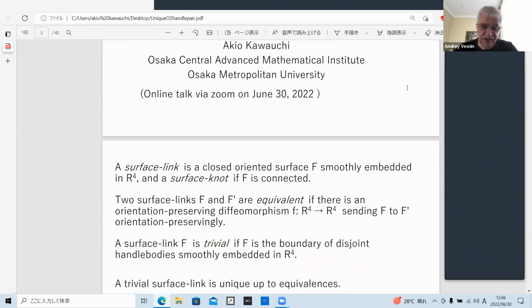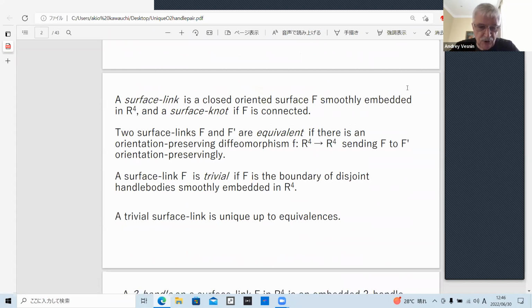In the three-dimensional case, we have a lot about the geometry of link complements. I don't know.